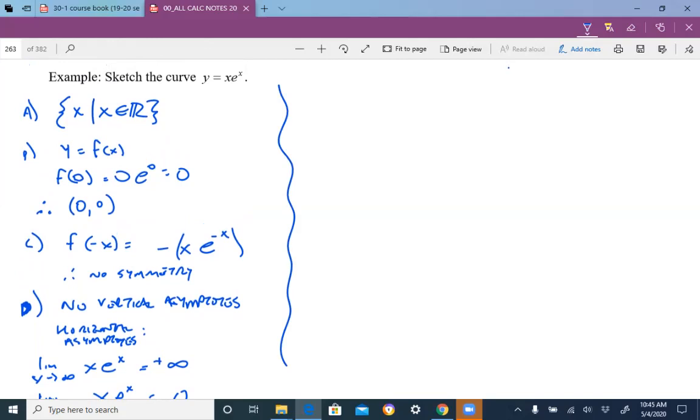So therefore, f at negative 1, we plug this back in, gives negative 1 over e. Negative 1 comma negative 1 over e is your minimum.